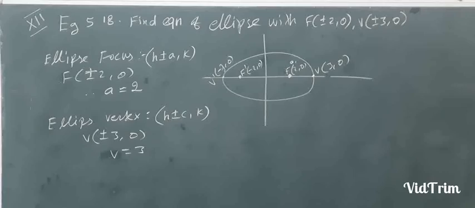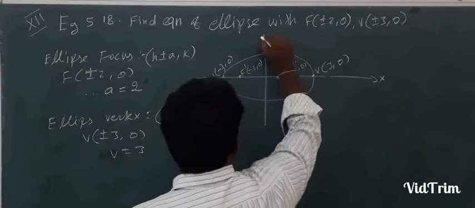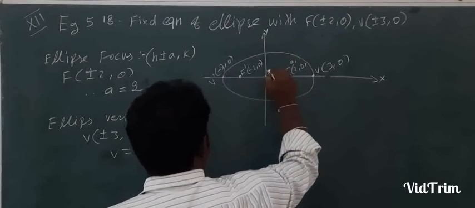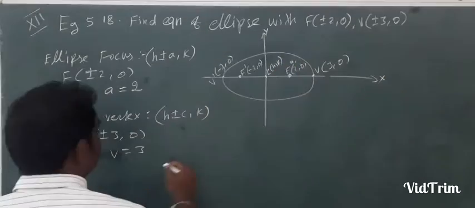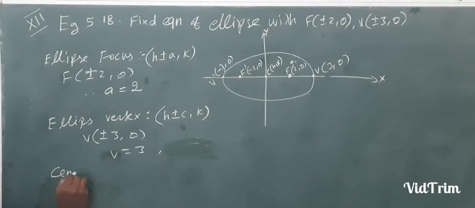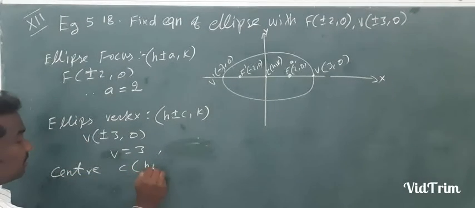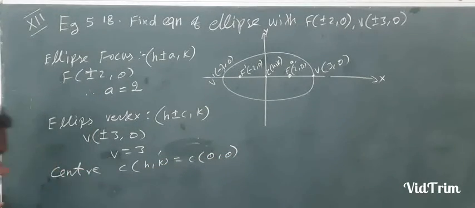Here the center will become 0 comma 0, because it is not shifted. Its center is h comma k, that is 0 comma 0.